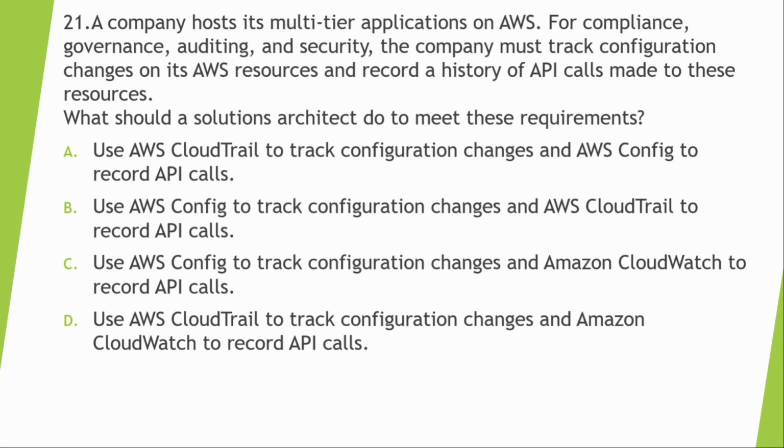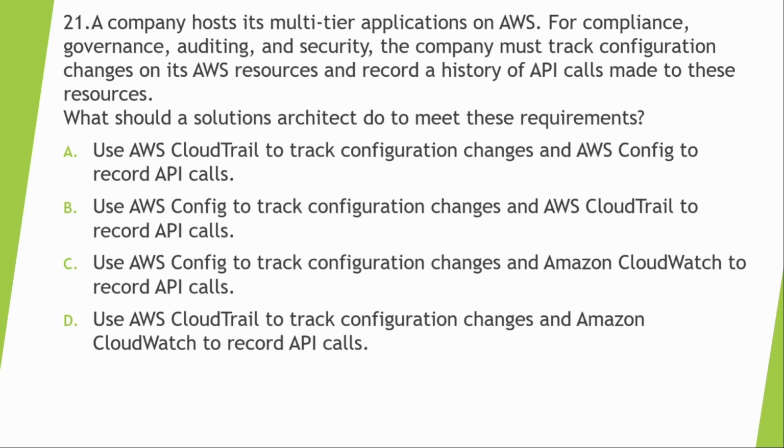Let's see where we have this in the options. First option, use CloudTrail to track configuration changes. Here itself it is wrong. You cannot use CloudTrail for config changes; you should use Config for tracking configuration changes. Coming to the second one, use Config to track configuration changes, correct, and CloudTrail to record API calls. That's what we were talking about. Now the third, use AWS Config to track configuration changes, correct, and Amazon CloudWatch to record API calls.